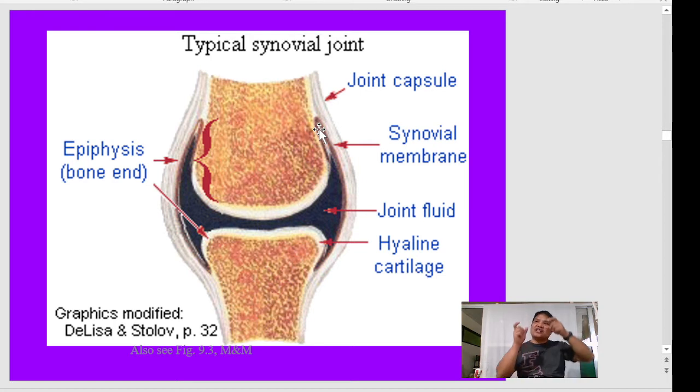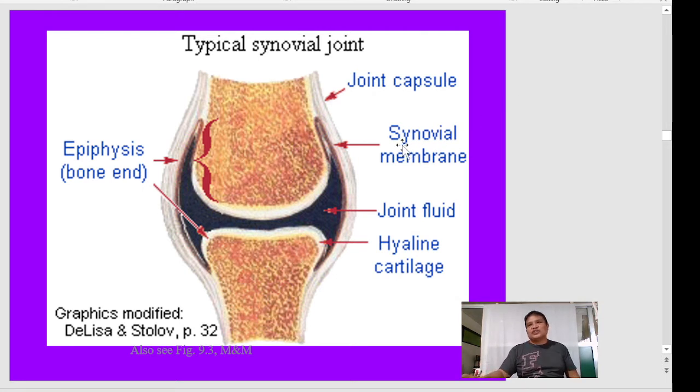Each end of the bone is enclosed by this, from here to here, then from there to there. Then the fluid is in the middle so that it does not leak. Then the capsule on the outside covers the entire joint.